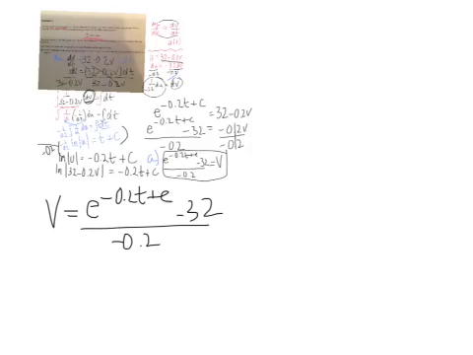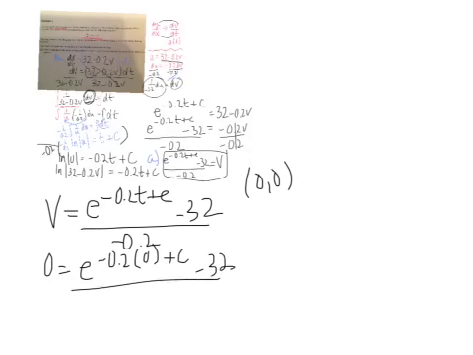that the parachutist has an initial speed of 0 when jumping out of the plane. So v of 0 equals 0. So I'm going to multiply both sides by negative 0.2, which is going to cancel out that 0.